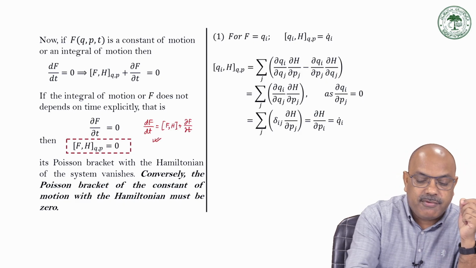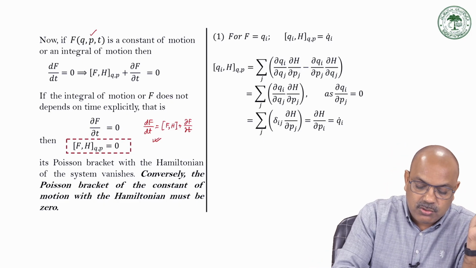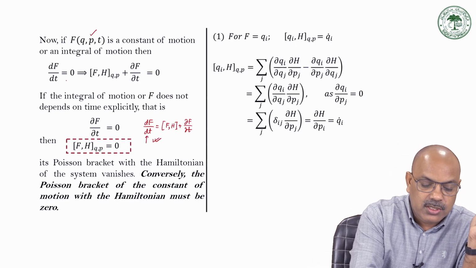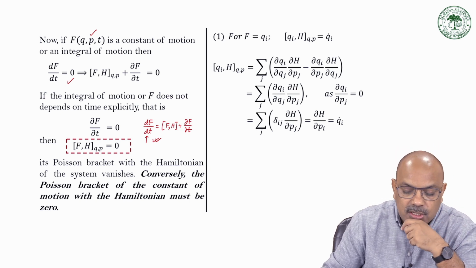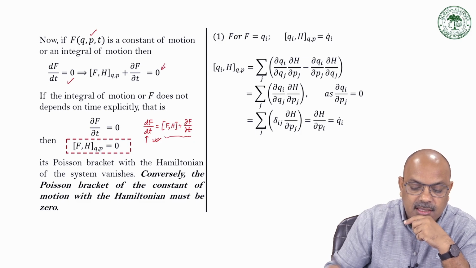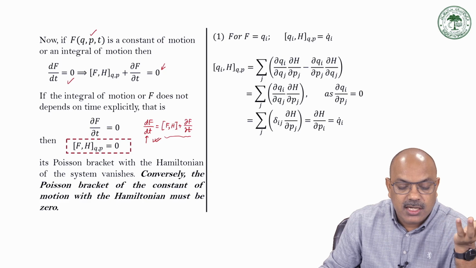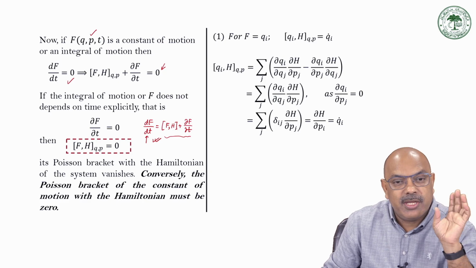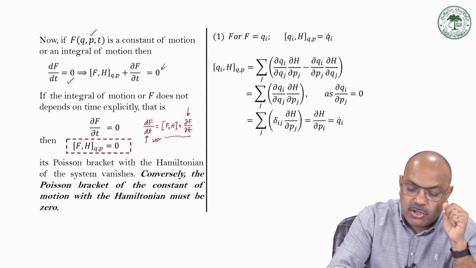Now if the function f is a constant of motion or integral of motion, then this total time derivative is going to be 0, because for a constant of motion the time derivative is 0. And if the integral of motion does not depend explicitly on time, then this partial part is also going to be 0.